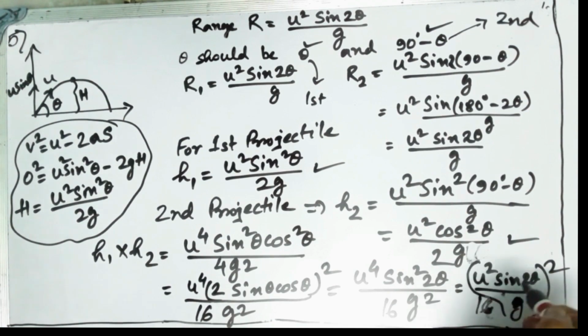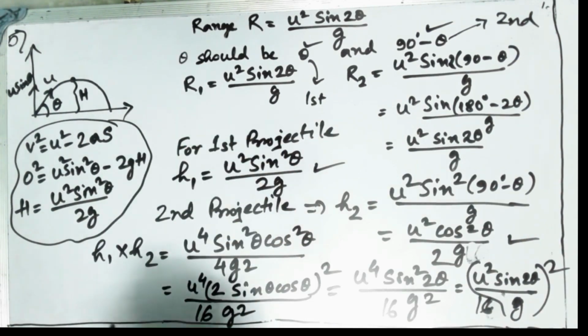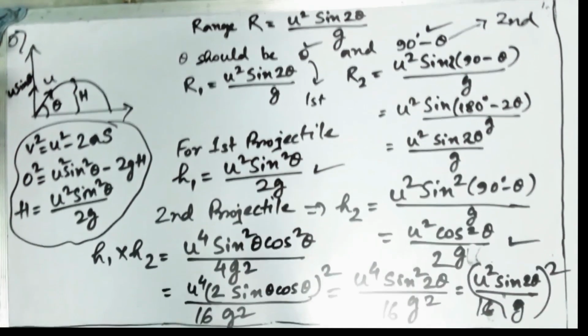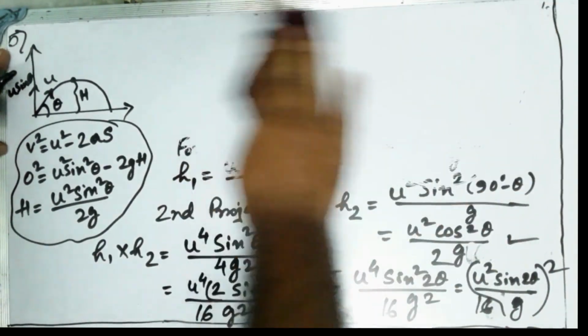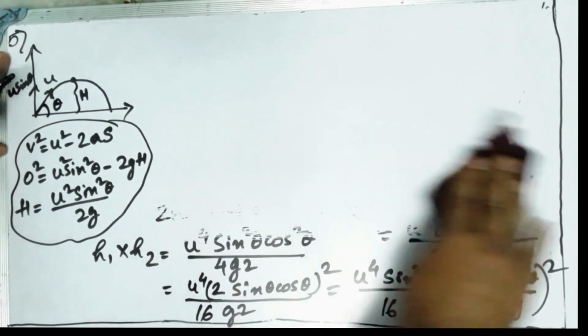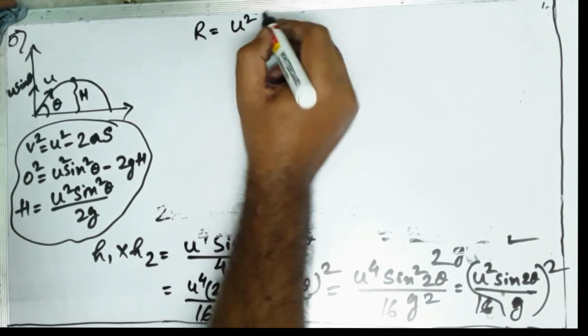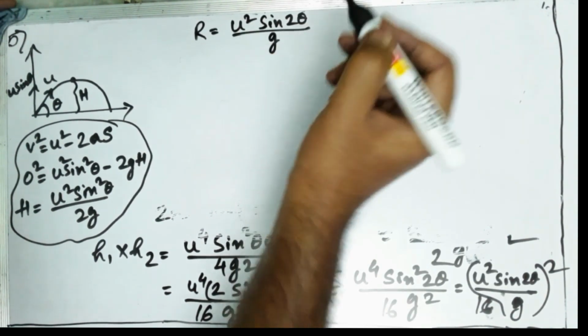We calculated that the value of range R is u square sin 2 theta by g.